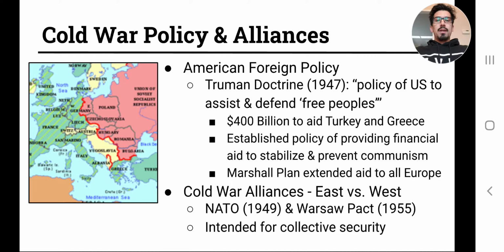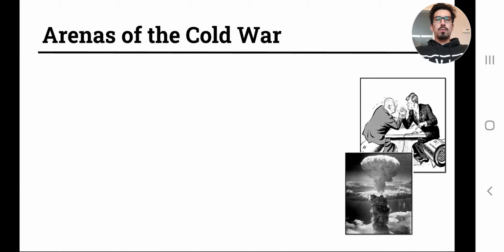It was a way to try to provide kind of a buffer against conflict. We call them defensive military alliances. NATO still exists to this day, but the Warsaw Pact does not. But anyway, these are the main alliances that exist during the Cold War.